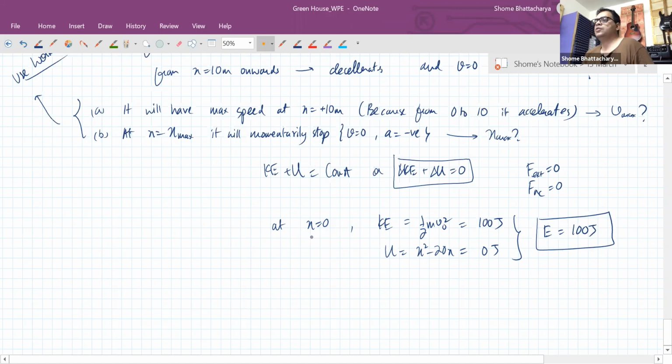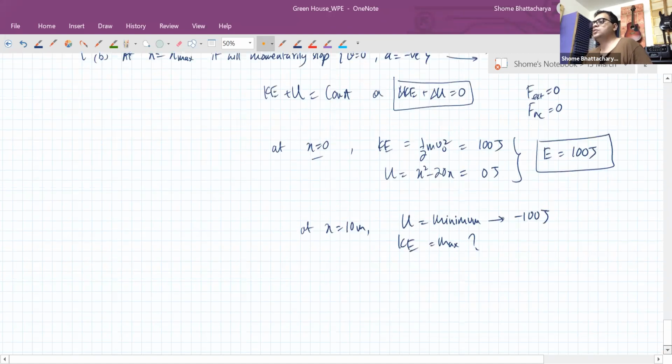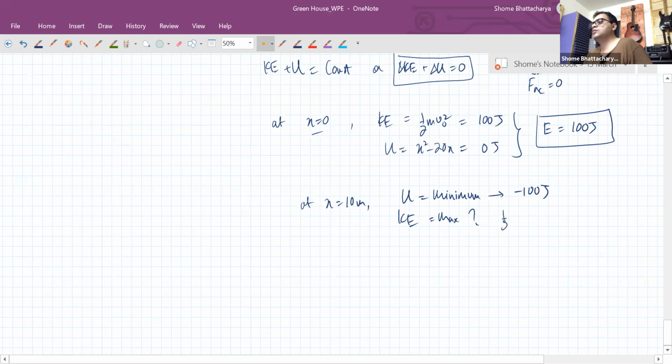Now at x equal to 10 meters, you can see the potential energy is minimum, and that is equal to minus 100 joules. We had calculated that earlier. So obviously the kinetic energy is maximum, and we can find that out because half m v maximum square plus this minimum value of potential energy should be the same energy.